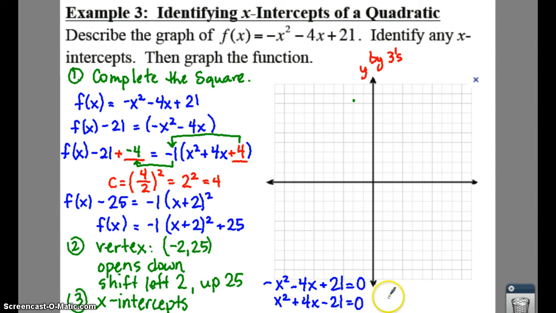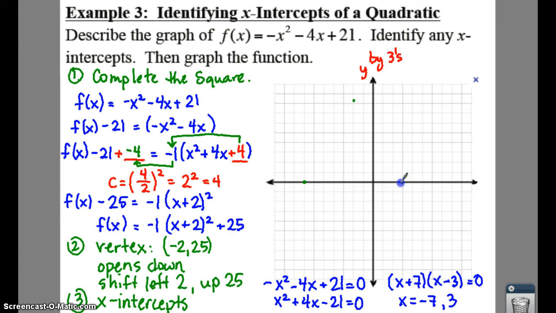And if you factor this, that gives you x plus 7 times x minus 3 equals 0. If you set each of those equal to 0, you get x equals negative 7 and a positive 3. So you do have a couple x-intercepts. You have one at negative 7: negative 1, 2, 3, 4, 5, 6, 7. We have one at 3: 1, 2, 3.